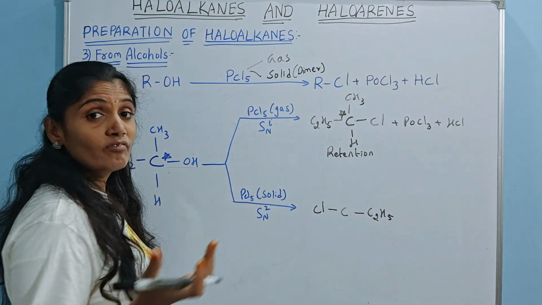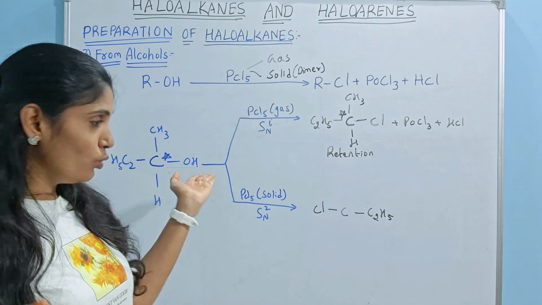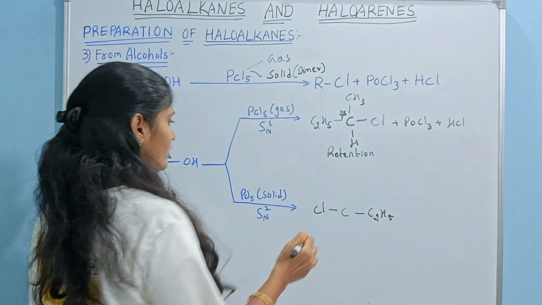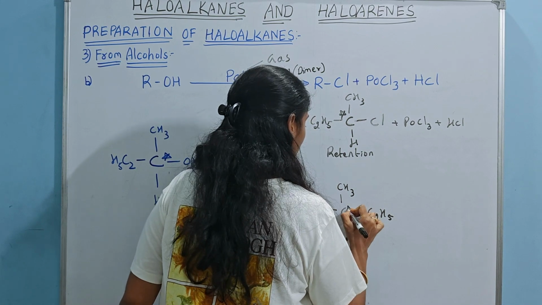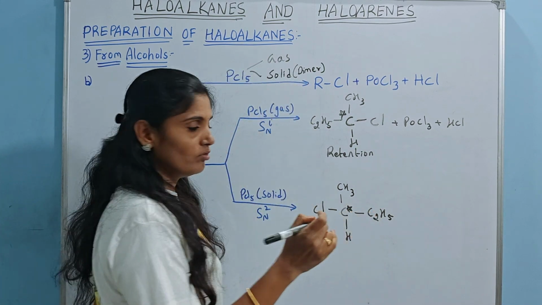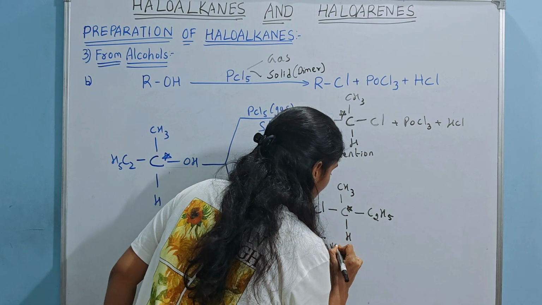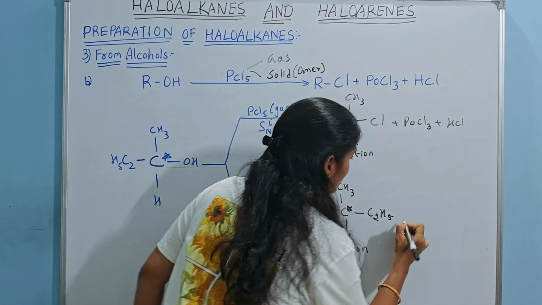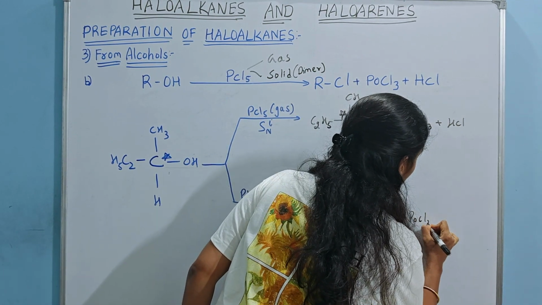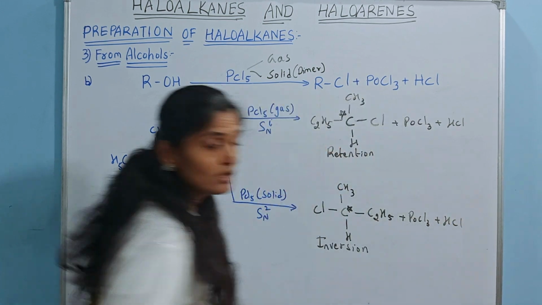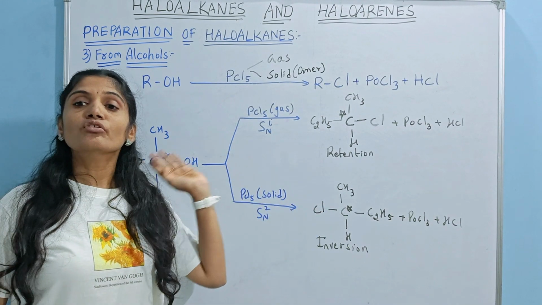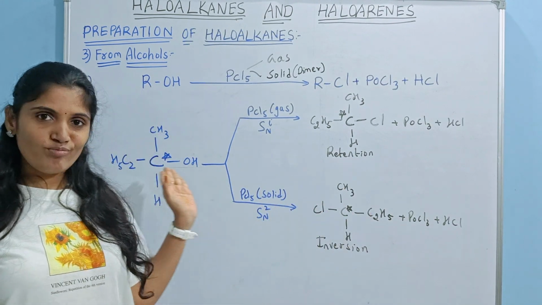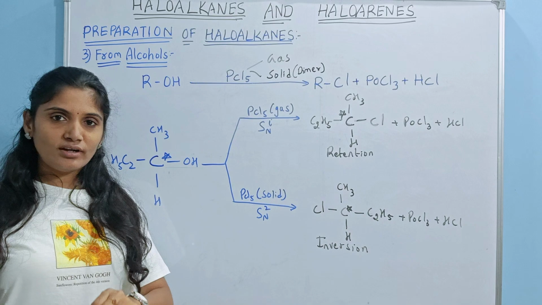Cl minus will attack from the side opposite to your OH, so it will come onto the left hand side. So here it is my CH3 and H. This is my chiral compound and this is the inverted product. So inversion will happen here. Remaining POCl3 plus HCl will remain the same. So if this is D, this will be L. If this is L, this will be D. So you can see a clear inversion of configuration because this happens through the SN2 mechanism.